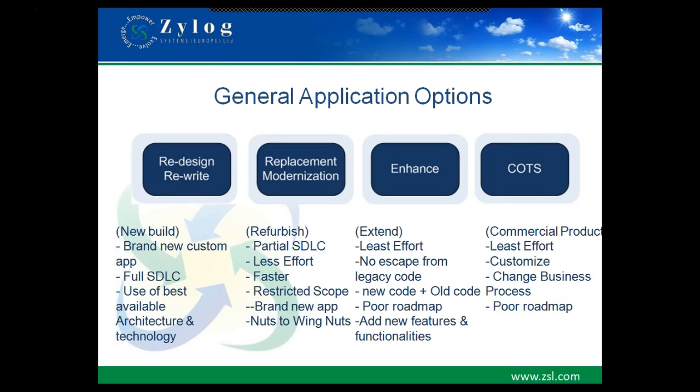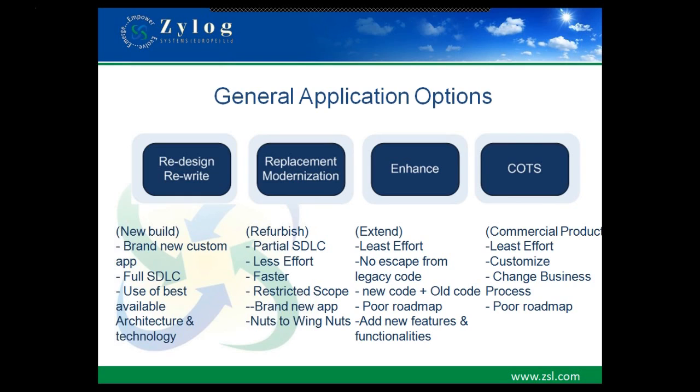The second option is replacement modernization, which is the theme for this particular webinar. This is where your legacy application still meets today's business processes. This is how you do business till today. You do not want to change it.